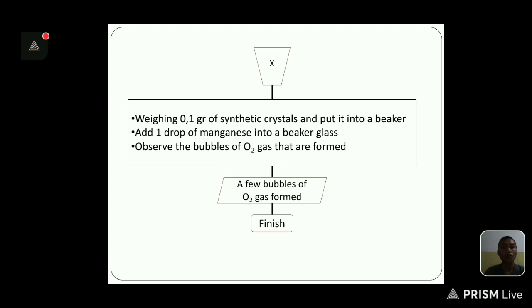Add 1 drop of manganese into the beaker glass. Observe the oxygen gas bubbles that are formed. A few bubbles of oxygen gas formed.